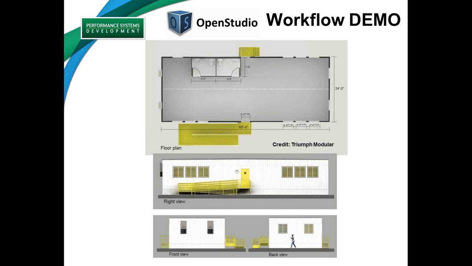My plan for today, in the time we have, is to go through building the modular classroom in the SketchUp plugin, then move over to the OpenStudio application, add some utility bills representing the modular classroom, model some heating and cooling systems in the classroom, and examine applying some measures to the base building model using the OpenStudio application.